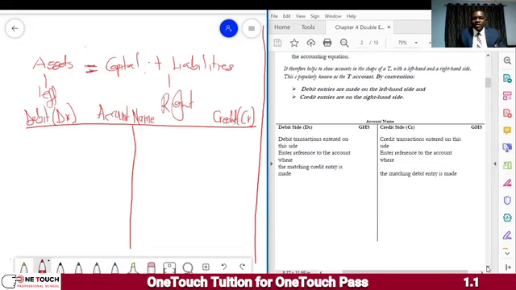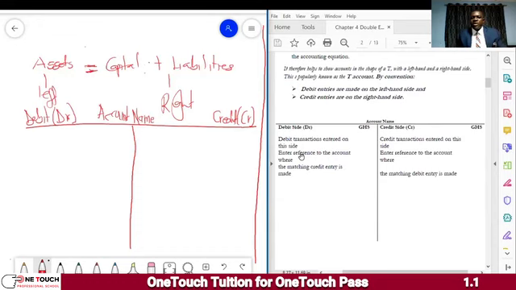So if you look at our T account here, we have the account name, we have the currency, then we have our debit, and we have credit. Debit transactions are entered on this side, which is the left-hand side. The left-hand side records debit transactions.